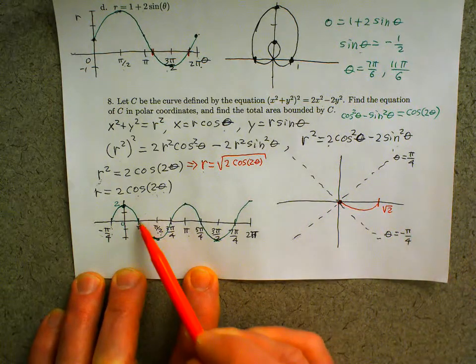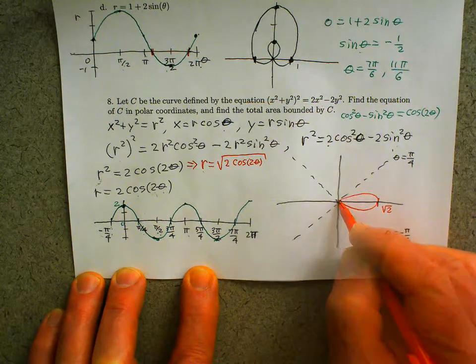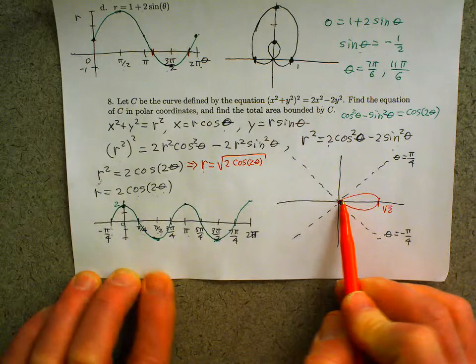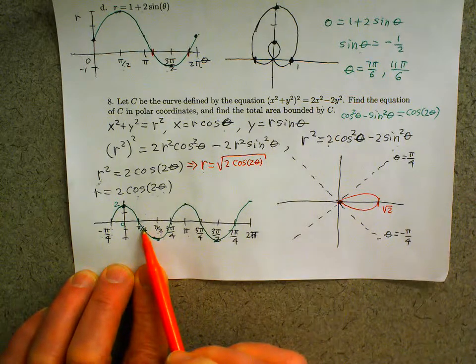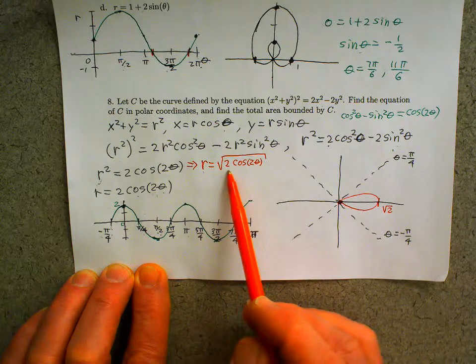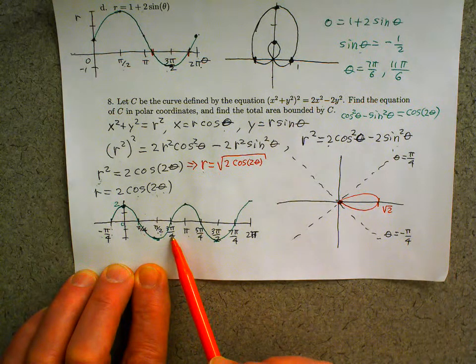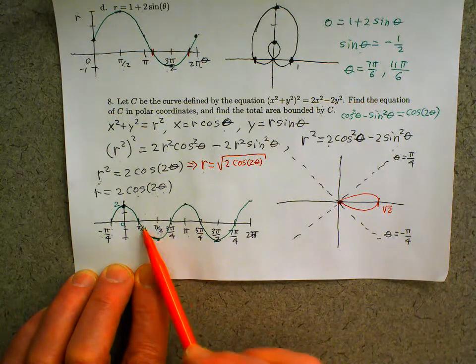And then at pi over 4, it's back to 0. And then we can graph r equals the square root of 2 times cosine of 2 theta between pi over 4 and 3 pi over 4, because these are negative numbers.